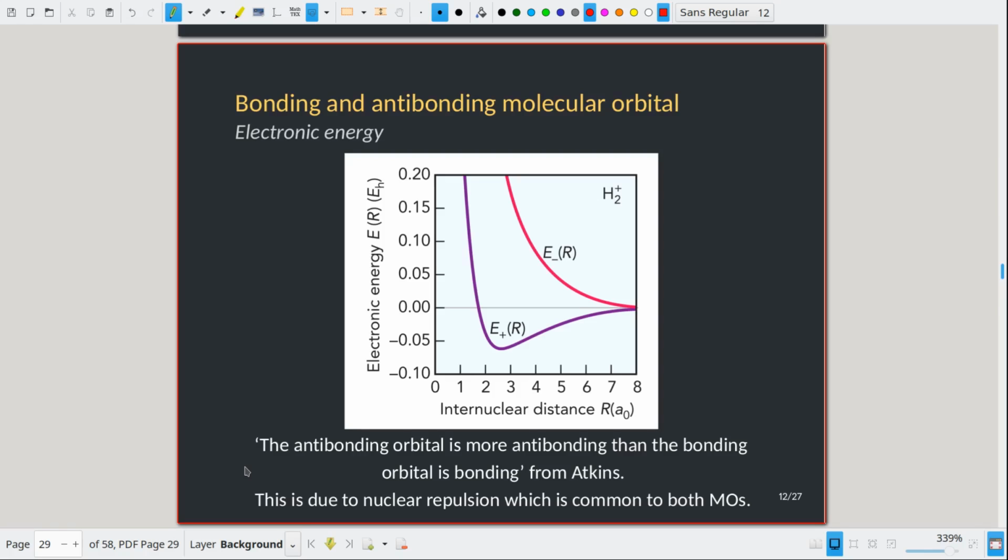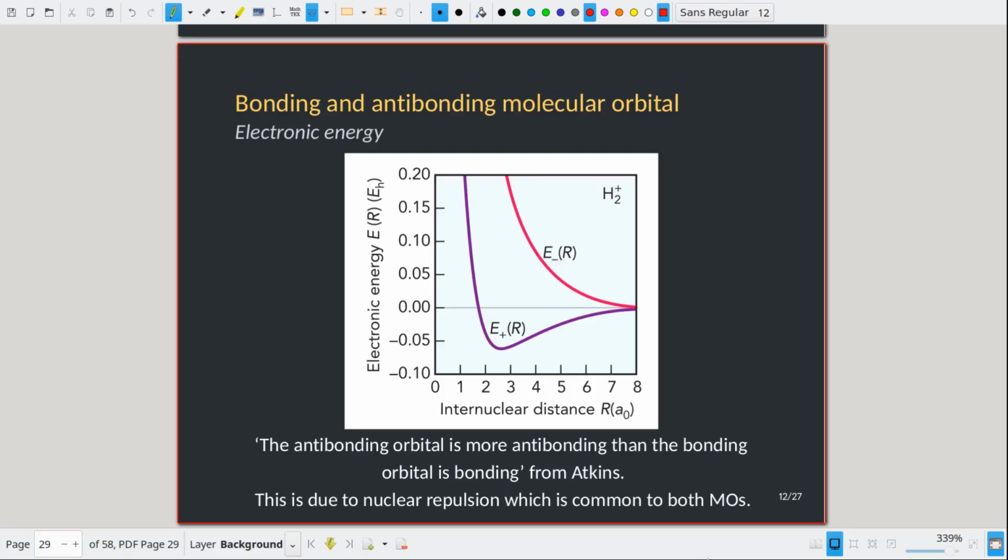This seems like a strange way of saying things, but the idea is that when you've got an antibonding orbital and a bonding orbital, you will have certain situations arising depending on how many electrons you've got in these orbitals and so on. We'll see an example of these later on. But this is basically due to the fact that we've got nuclear repulsion, which is common to both bonding and antibonding orbitals. So when you've got an antibonding orbital, this is more antibonding than the bonding orbital is bonding.